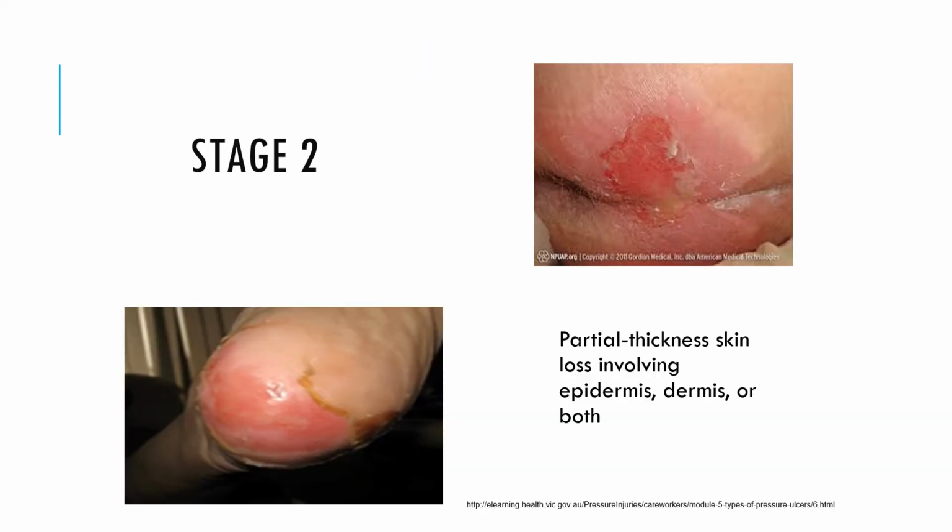Next is stage 2. At stage 2, the skin breaks open, wears away, or forms an ulcer, which is usually tender and painful. The sore expands into deeper layers of the skin. It can look like a scrape, abrasion, blister, or a shallow crater in the skin. Sometimes this stage looks like a blister filled with clear fluid.